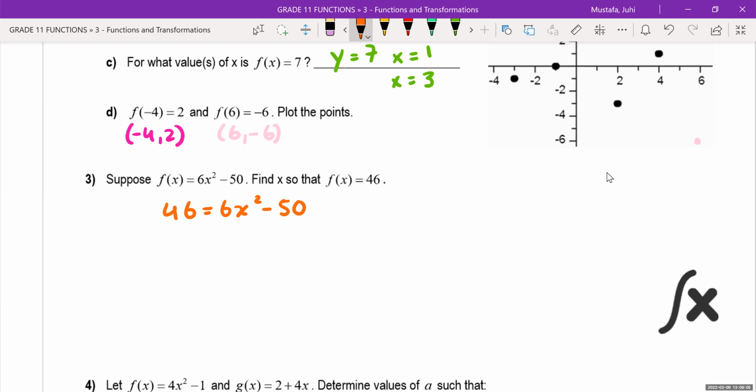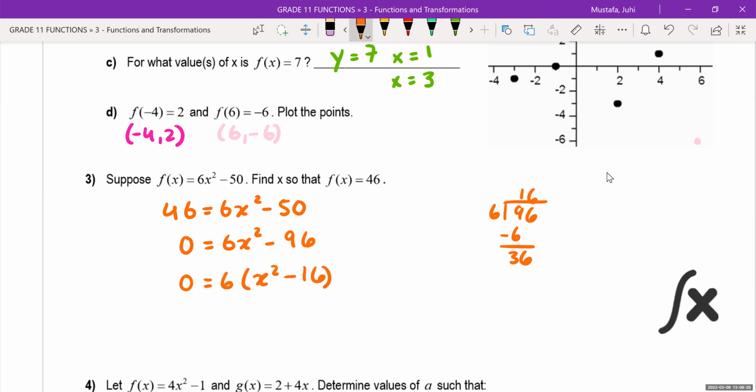Now they're telling us we need a specific answer for x. So we're probably going to have to factor. I'll move the 46 to the other side, and this will give us 96. I'm hoping when we factor out stuff, it'll become a nice, easier number. So when I factor out a 6, I get x squared minus 16.